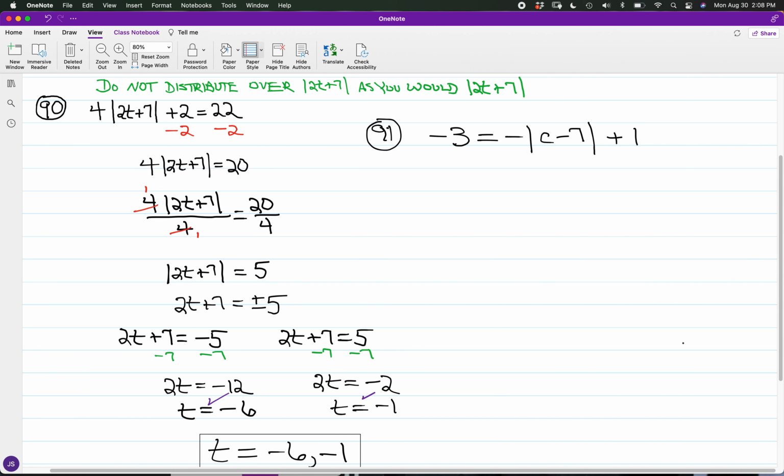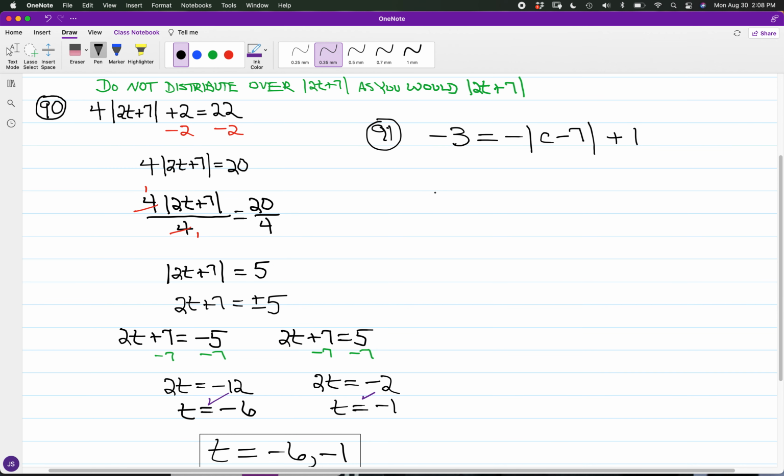And again, you just leave the absolute value of c minus 7. Do not distribute any negative sign over c or negative 7.